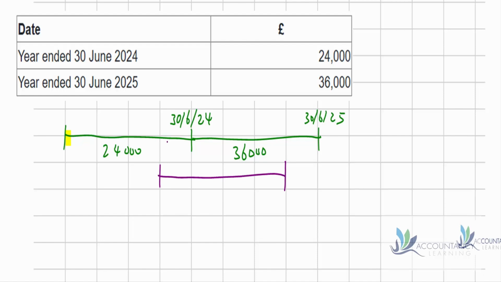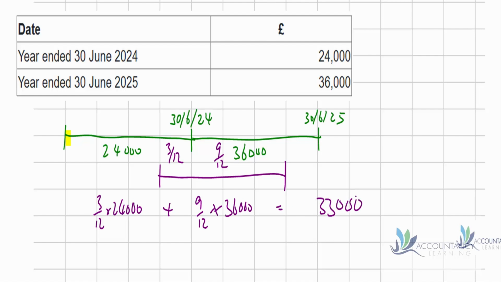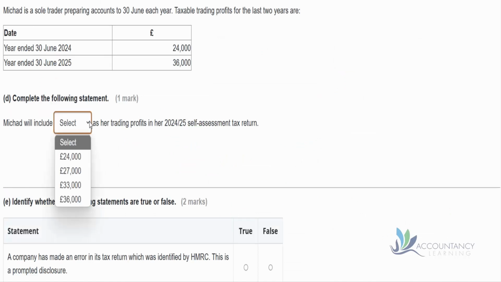So what we want is 3 months of the 24,000 and 9 months of the 36,000. So if we take our 3 months and multiply by 24,000 and then add on 9 months of 36,000, then that gives us a total income in the tax year of 33,000. So hopefully that's one of the answers. Yes, there's the third answer for that.